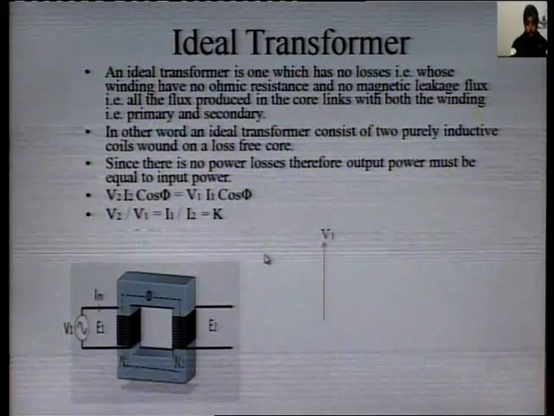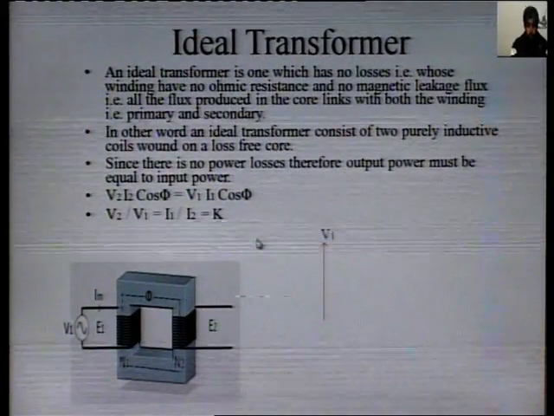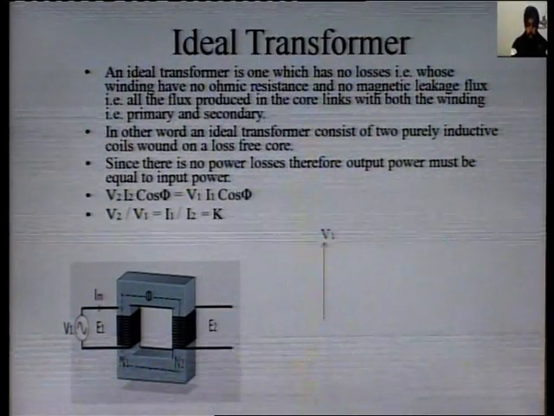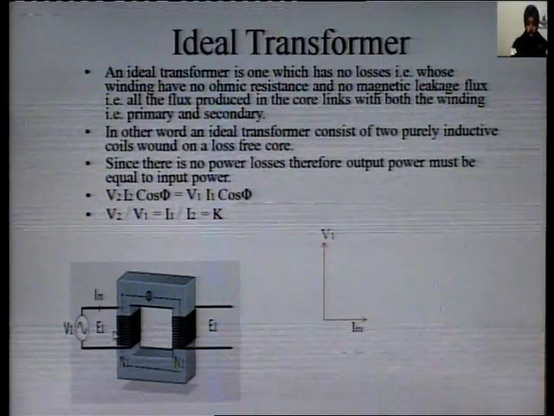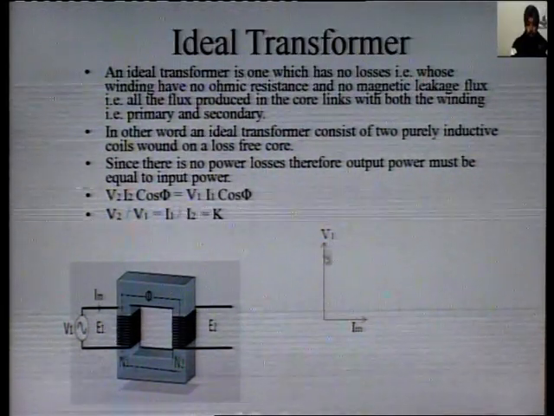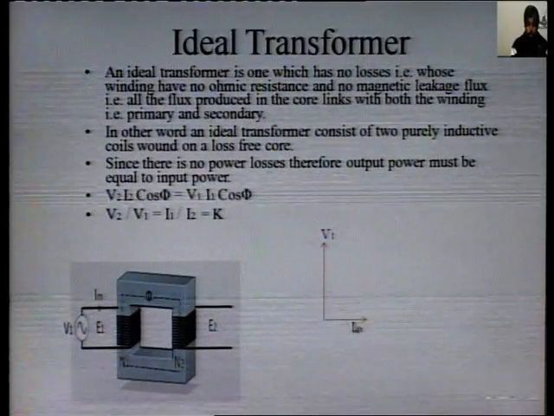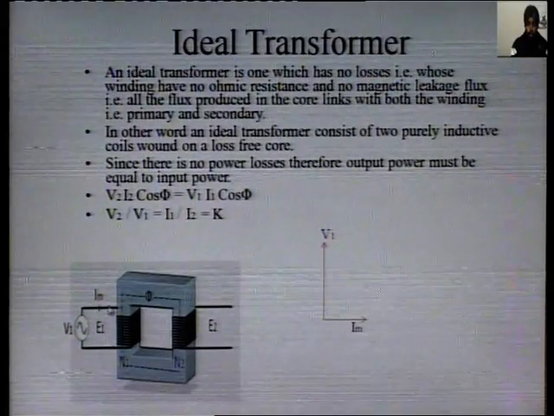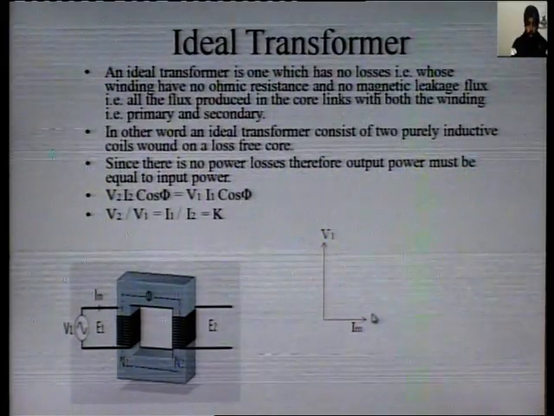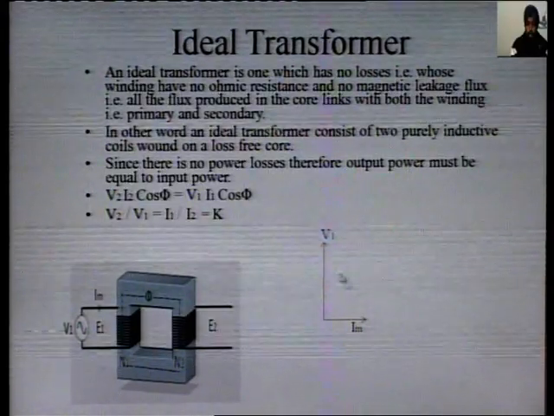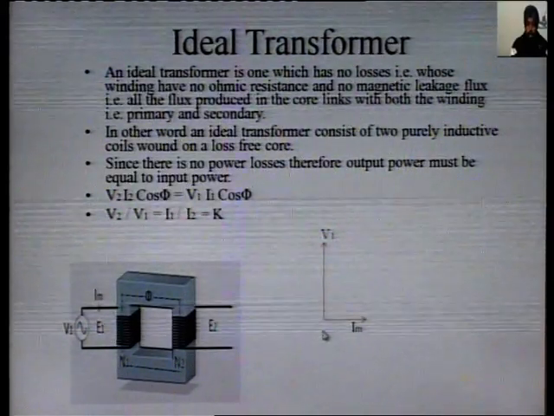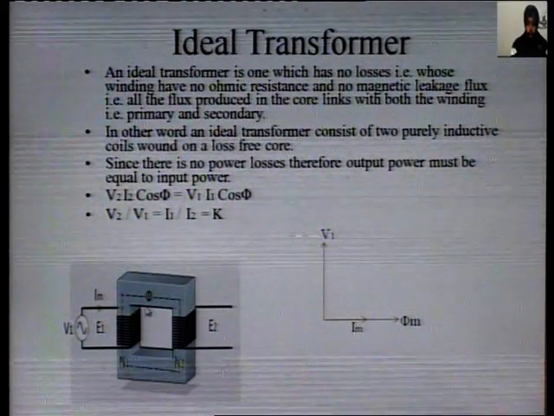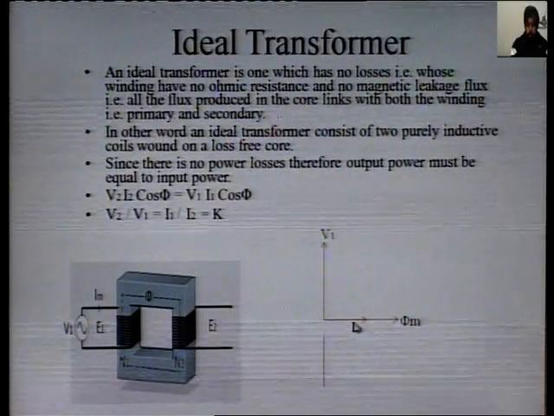So if we draw the vector diagram, the primary voltage is taken as the reference vector, and the magnetizing current Im lags behind the voltage by an angle of 90 degrees because it produces the magnetic flux, and this is the current of an inductor, and the property of an inductor is that the current lags behind the voltage by 90 degrees, and the flux phi m is in phase with the current Im.